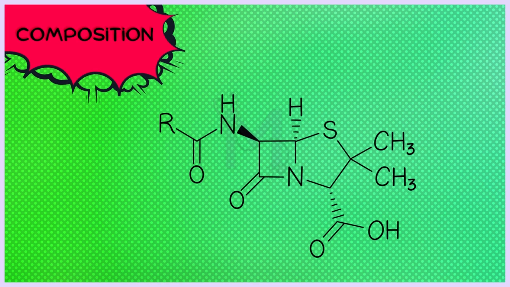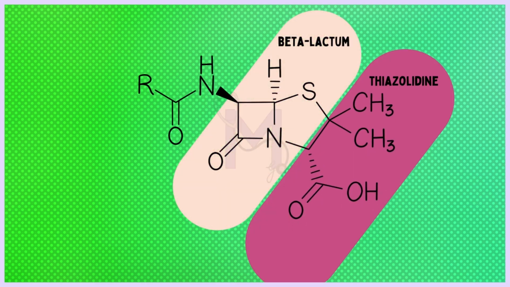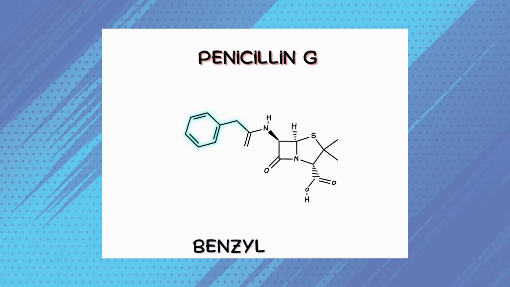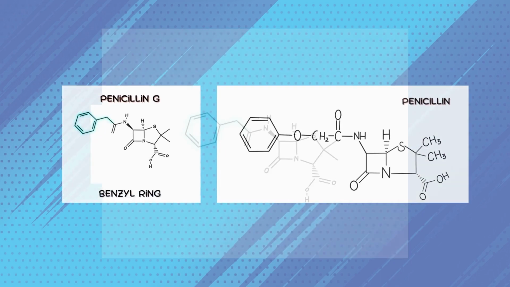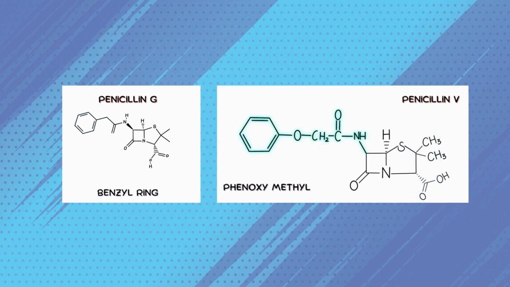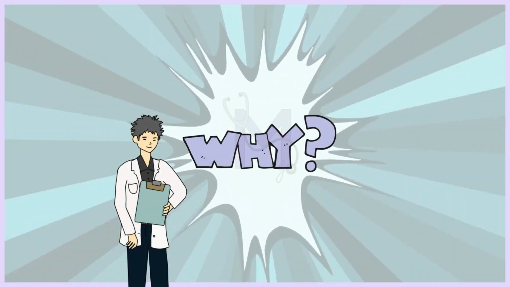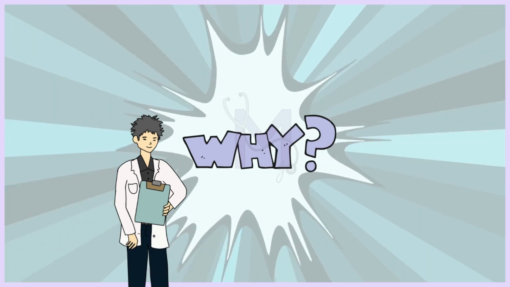The penicillin nucleus is made up of thiazolidine and beta-lactam with an alkyl group as a side chain. Penicillin G has a benzyl ring at the site of the alkyl group, while penicillin V has a phenoxymethyl group. Now you might be wondering, why is it crucial for a clinician to understand this?